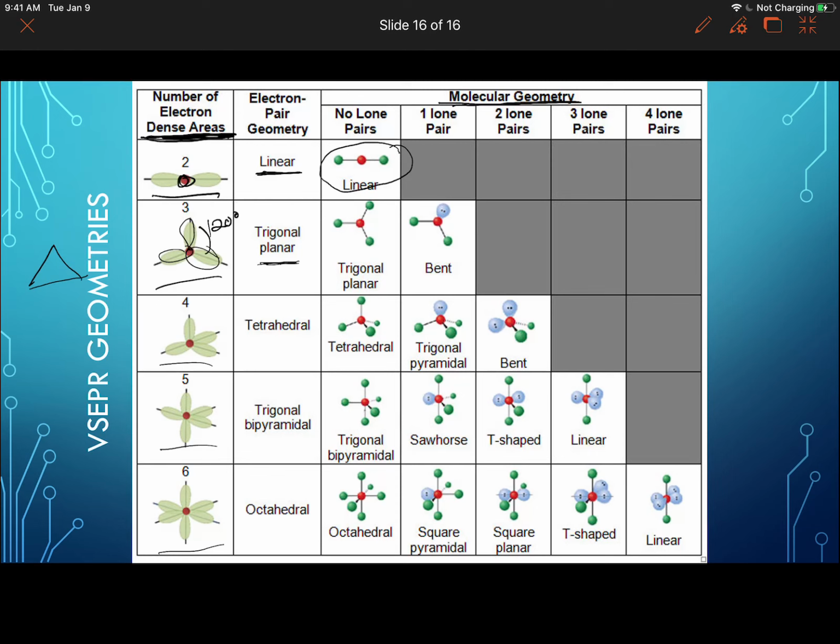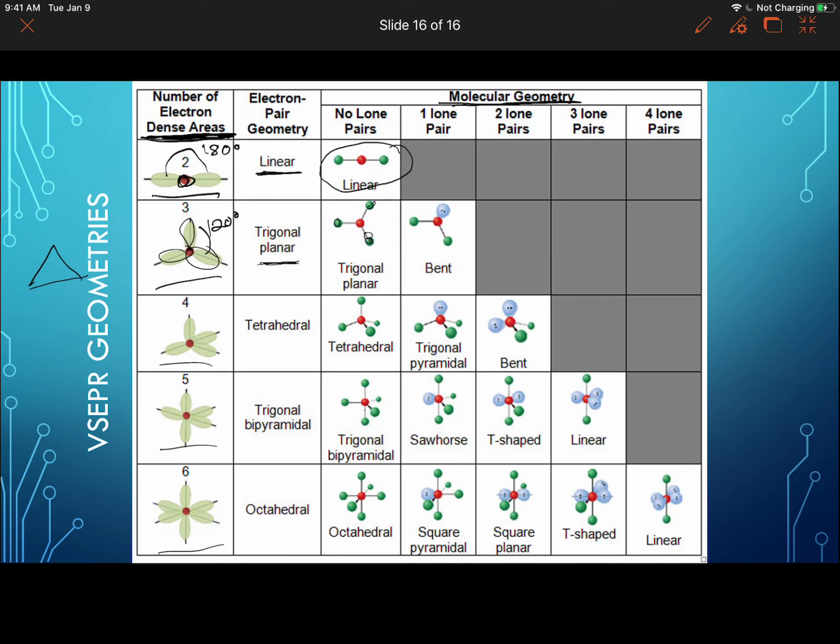And I didn't say this just a minute ago, but hopefully you realize that with our linear, we have 180 degree bond angles, which is why it's called linear. With our trigonal planar, with our 120 degree bond angles, we have our 3 groups as far away from each other as possible. Now, we don't really see this with our linear, because if we remove one of the electron groups, we no longer have a real VSEPR type of structure.